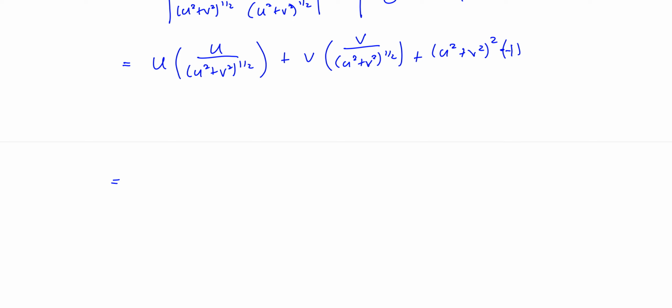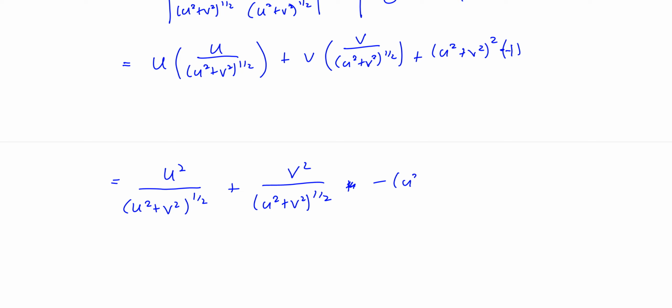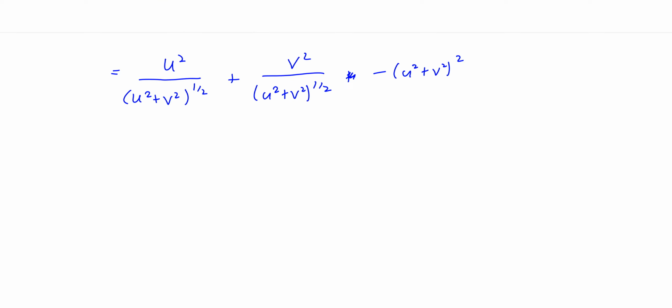So this becomes u squared over (u squared plus v squared) to the 1/2 plus v squared over (u squared plus v squared) to the 1/2 minus (u squared plus v squared) squared. Combining these first two terms and simplifying, this is (u squared plus v squared) to the 1/2 minus (u squared plus v squared) squared.